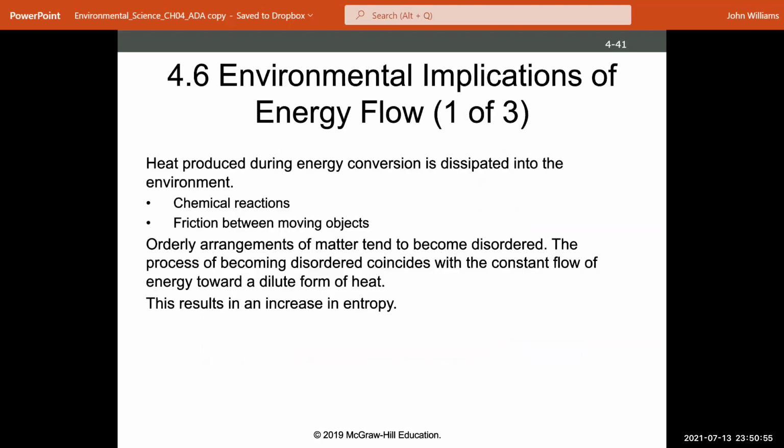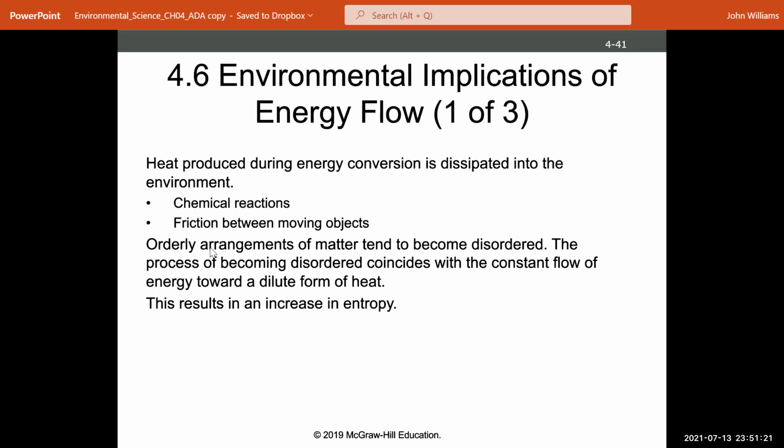So again, this heat loss is adding to an increase in entropy, so an increase in kind of the chaos in the environment, because that heat dissipates into the environment, right? And that heat again comes from chemical reactions or friction between objects.